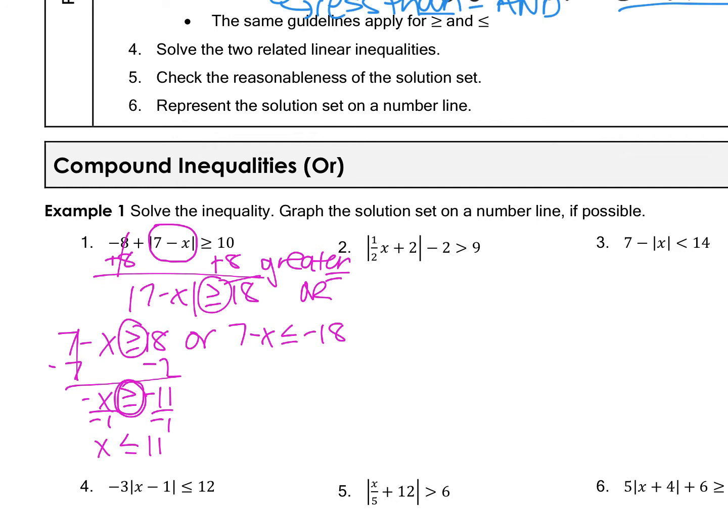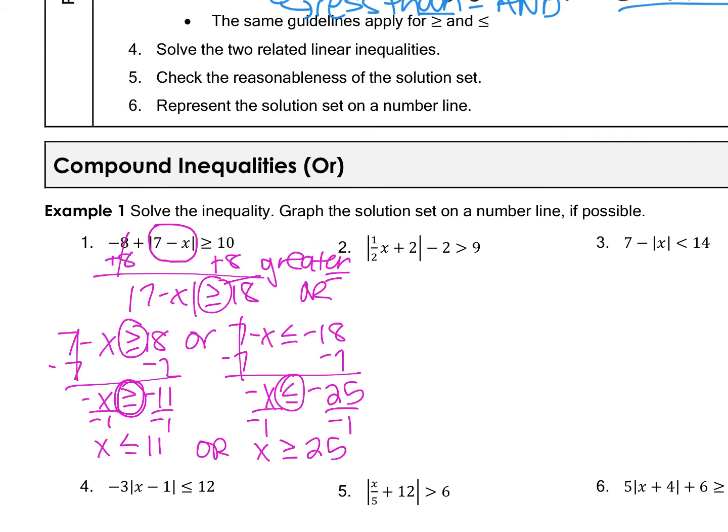Looking at the next one separately, we're going to subtract 7, and then divide by -1, which means we'll have to flip that. So that's going to be x is greater than or equal to +25.